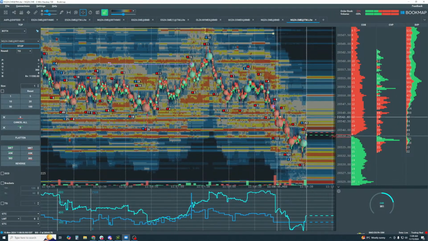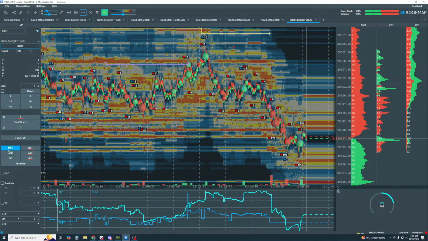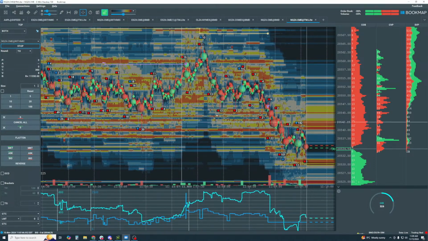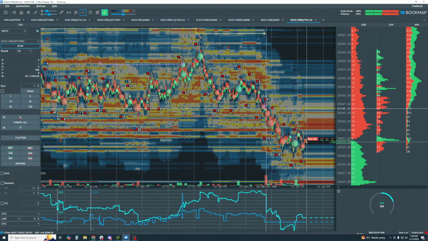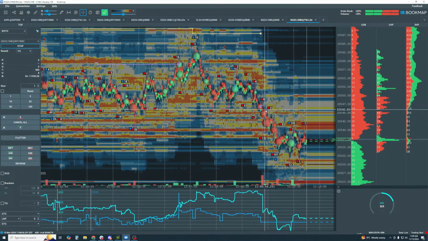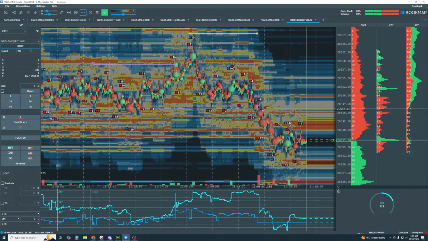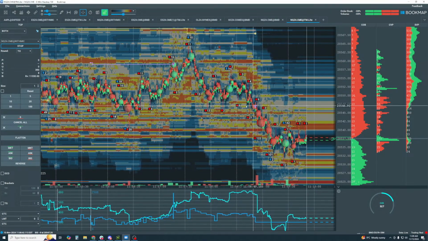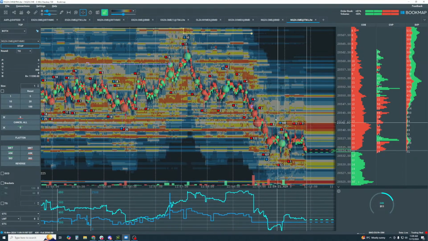Sometimes it's really hard with a fast moving market, but try to use your limit order and you can use these buttons in here as well. You can exit and then get back in on the sell on the best offer with a limit sell. I'm sorry, on the best bid.